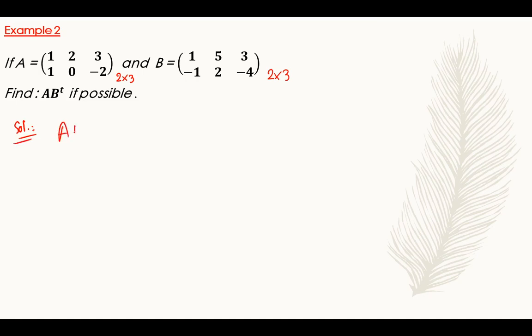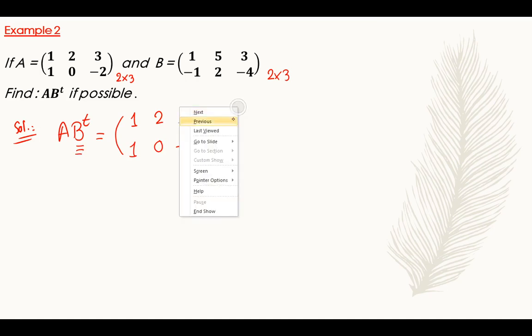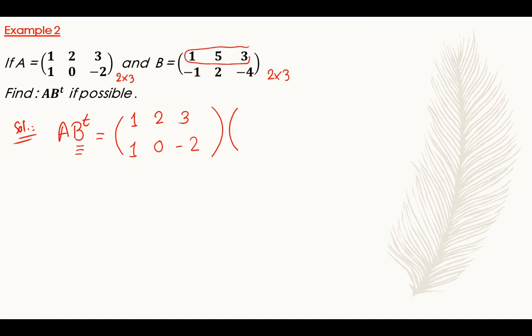A multiplied by B transpose. First we are going to write the matrix A: 1, 2, 3, 1, 0, negative 2, multiplied by B transpose. First we have to find B transpose. We will get it by replacing the rows by columns. So it will be 1, 5, 3, and replace the second row to be the second column, negative 1, 2, negative 4.